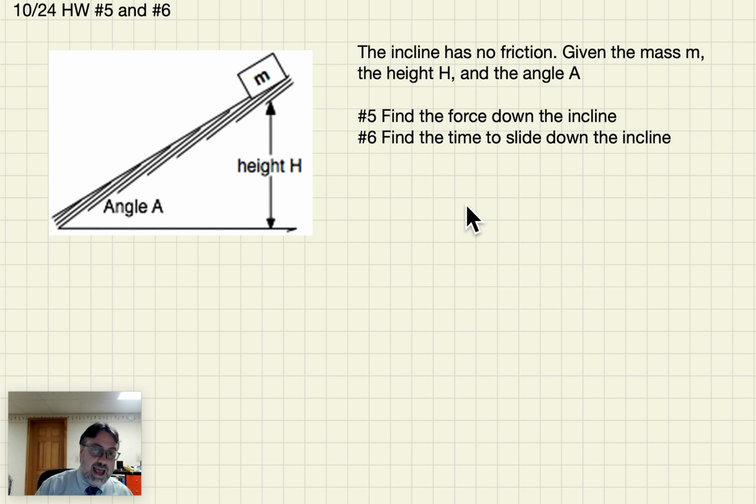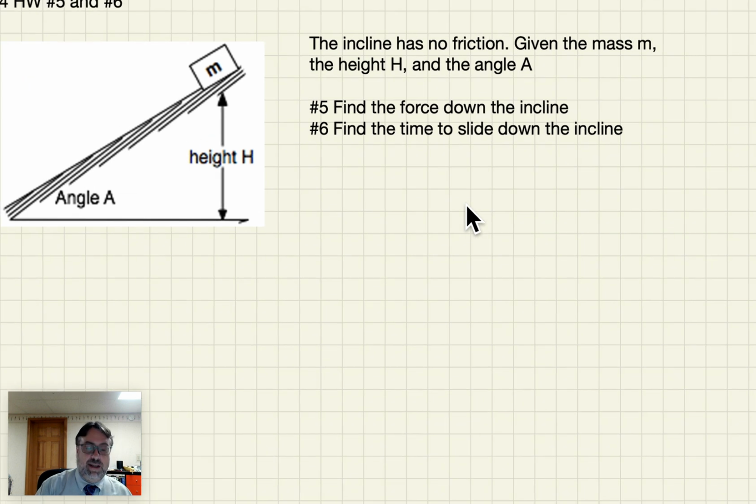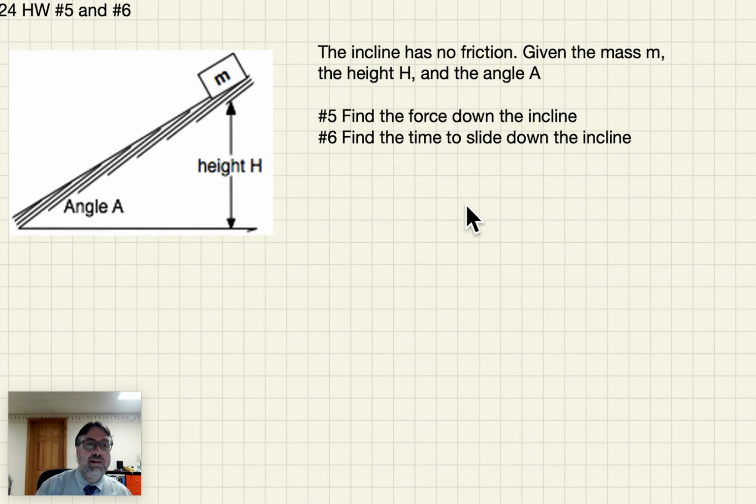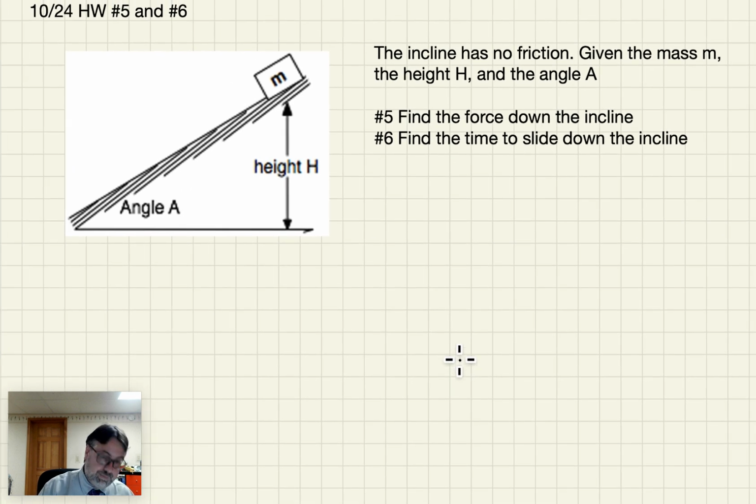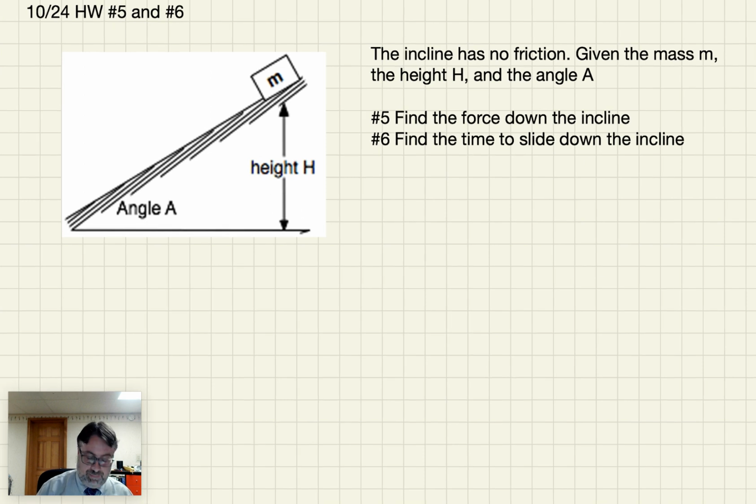The first thing we're going to need to do, of course, is to label the forces. Let me get my things back in line. A little jumpy. All right, so I'm going to label the forces. I'm going to use blue for that.